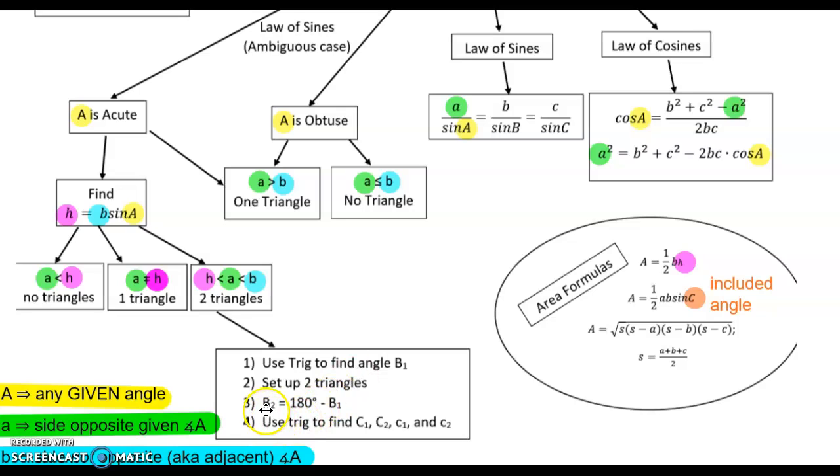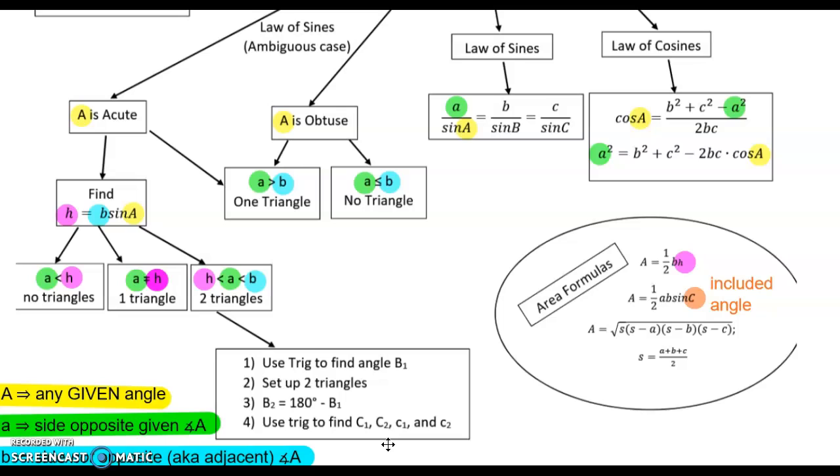Your angle in the first triangle is whatever you get. In the second possible triangle, that angle is supplementary, so we find it by just subtracting from 180. From there, we use the given information in each triangle to find any other missing information in either the first or the second triangle.